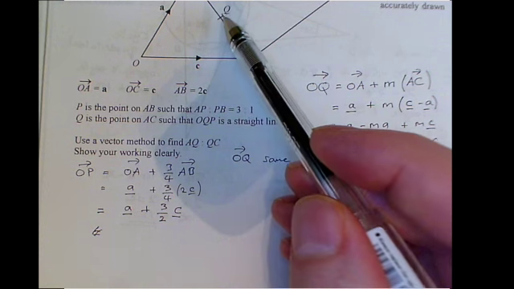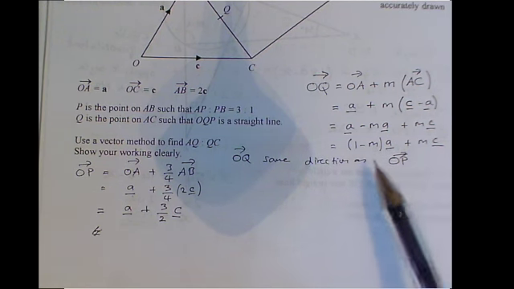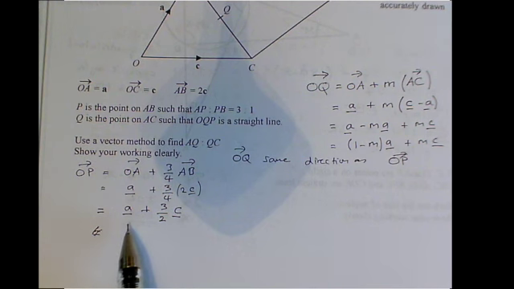Okay, so what I mean is that the part of the journey from O to Q is 1 minus M of an A, whereas the journey from O to P is A, but it's the same direction. So I can express that as a fraction, 1 minus M over 1.